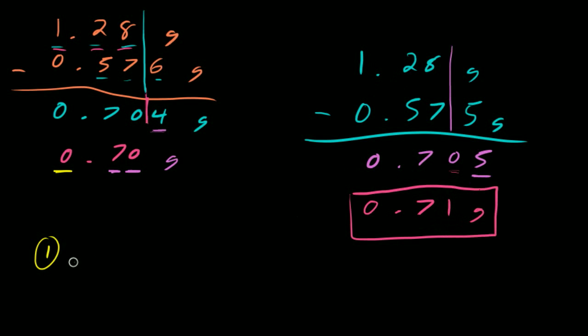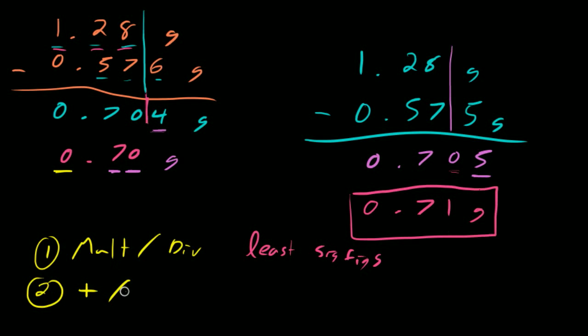The first one is for multiplication and division, and for this one we just carry the least sig figs. And for our second, which was for addition and subtraction, we carry the least decimal places.